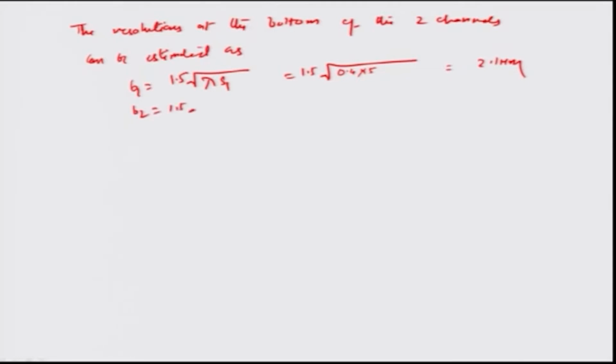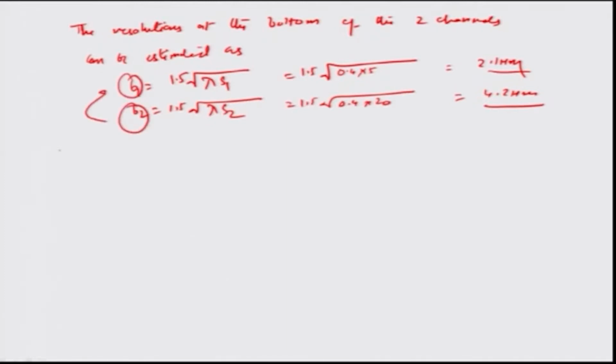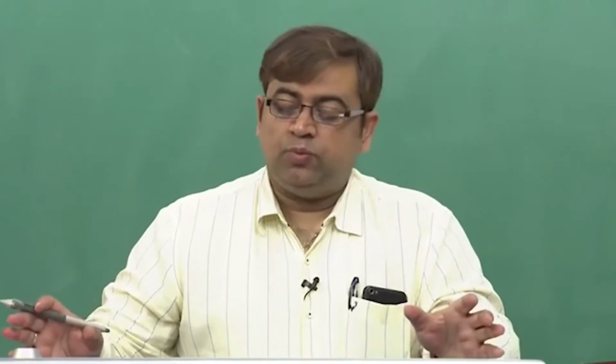And B2 is 1.5 root over lambda S2, which is 1.5 root of 0.4 times 20, which is about 4.2 microns. So, the resolution, as you see, is obviously better with the lesser value of B, meaning thereby two objects closely spaced can be resolved if they are spaced by a distance of a minimum of 2.1 micron.